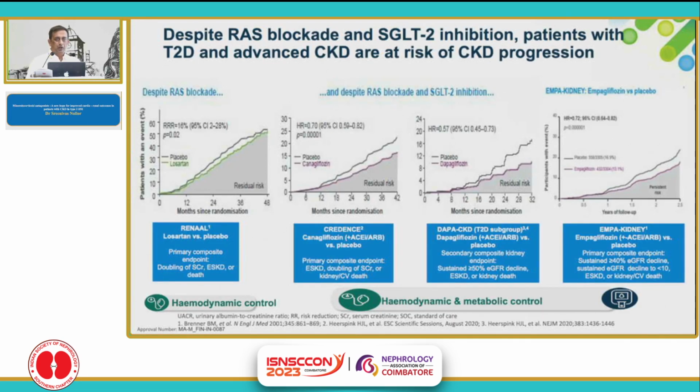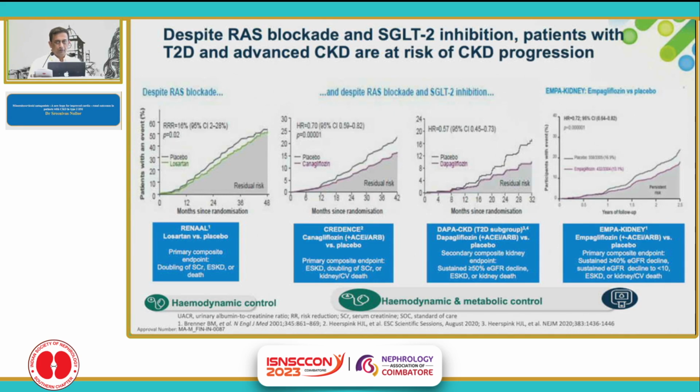Till now, we were concentrating on RAS blockade and SGLT2 inhibition in patients with diabetes and advanced CKD who are at the risk of CKD progression. The first study, the RENAAL study, 2002, got published, where we used losartan and compared it with the placebo, where there was a significant risk reduction.